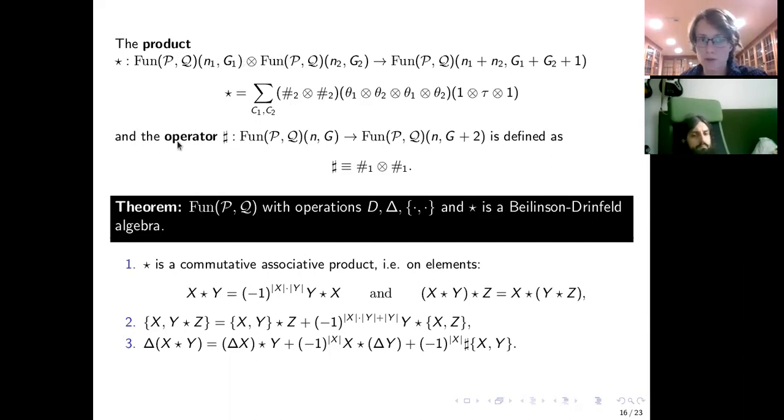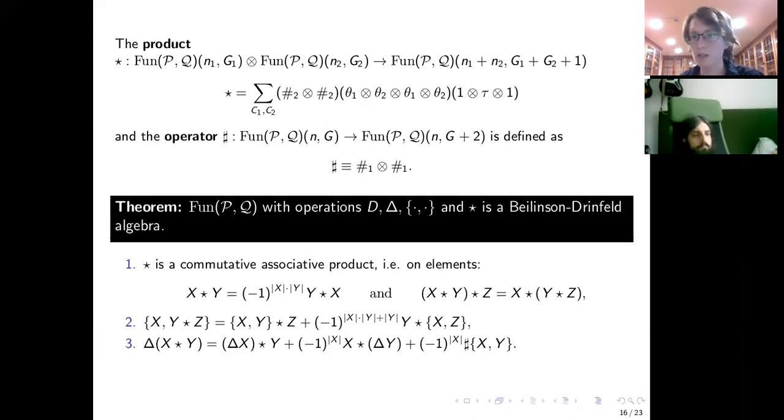And we also introduce the operator called sharp, which will be just the connected sum on one component for both of these operads. And then the theorem is that what we get on this space with the D plus delta and the bracket and this new product is a Beilinson-Drinfeld algebra.